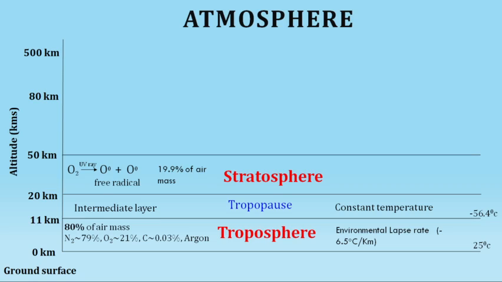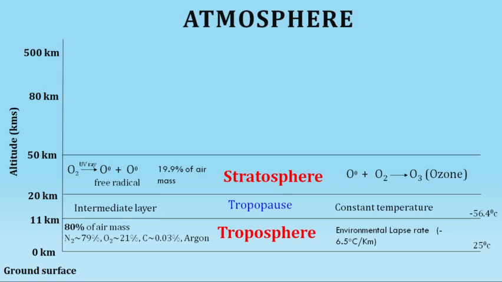These oxygen free radicals are very reactive, they are unstable, and whenever this happens, the oxygen free radical immediately will combine with the oxygen gas molecule which is available next to it and it will form ozone.